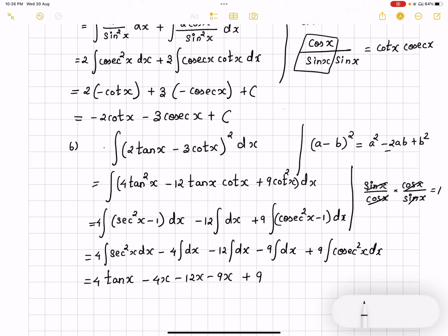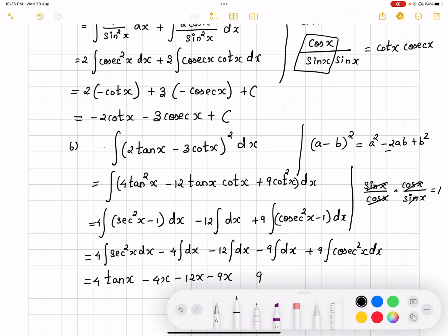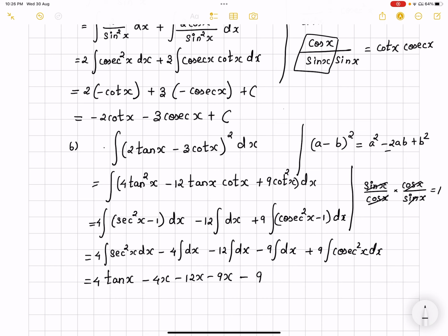So this plus would be getting replaced with minus. So minus cot x plus c. So here I would be getting 4 times tan x minus 9 cot x and then minus 25x plus c.